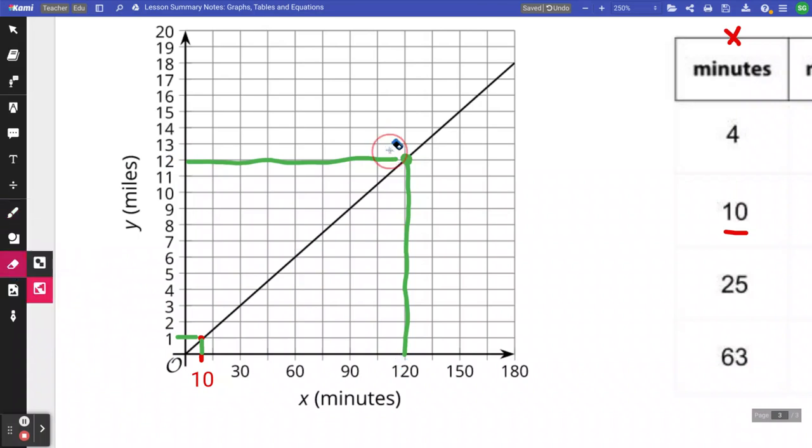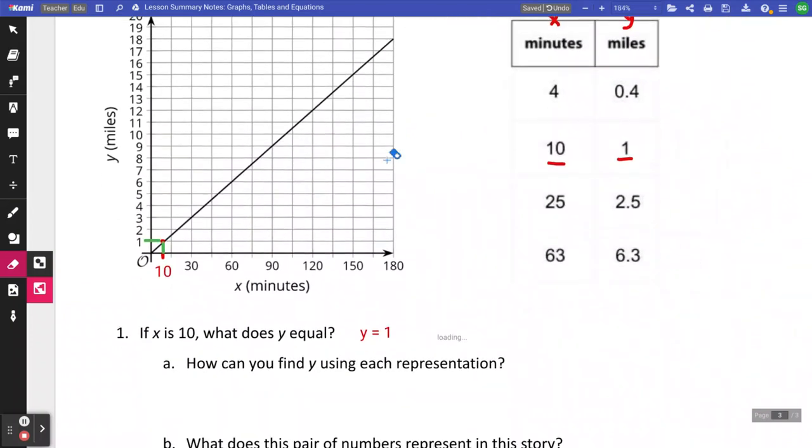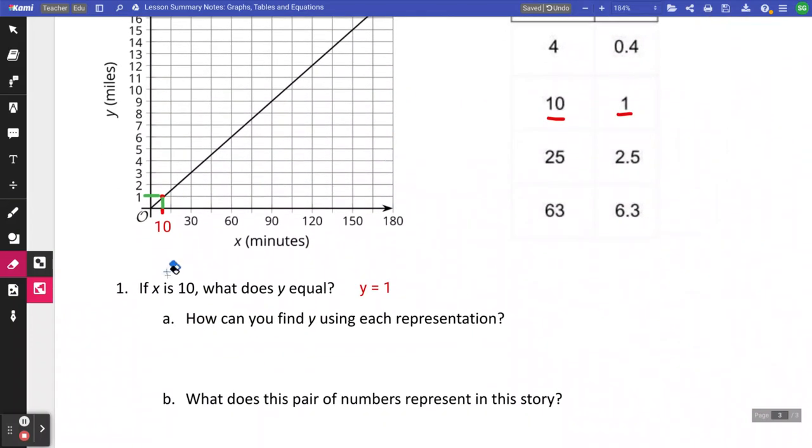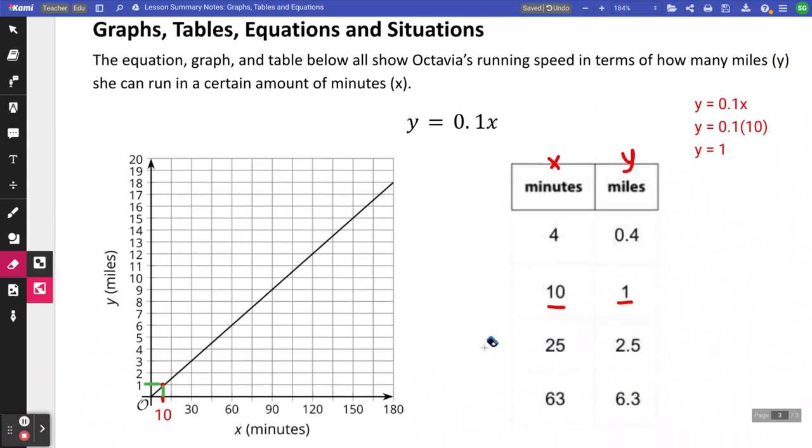Let me erase this. I have one other question for you regarding this pair of numbers. So we figured out if x is 10, y is 1. But what do those numbers mean in the story? We've got a 10 and a 1, and I'll scroll up a little bit so you can see that story again. What does 10 and 1 mean?